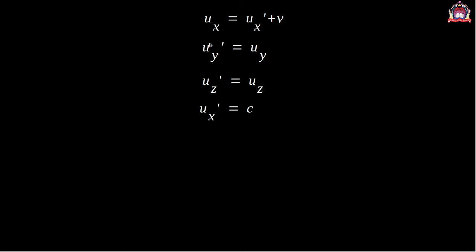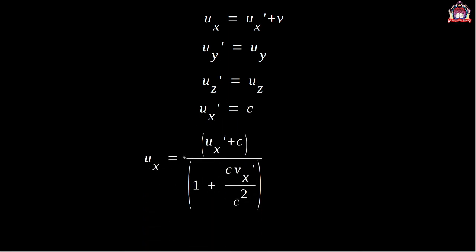So here I am substituting ux dash is equal to c, and v is equal to c. So here ux is equal to c.